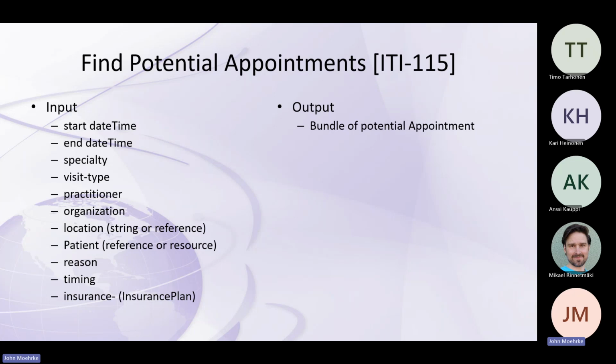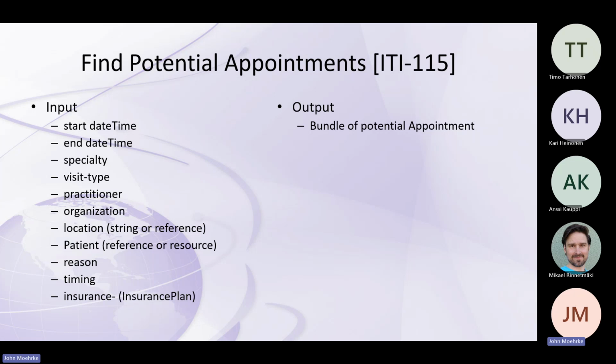It's an optional parameter, as I think almost all of this stuff is, but it allows for cases where you really want to request an appointment with a very specific timing pattern. And then insurance, if appropriate, if known. It certainly never hurts to include insurance plan information if you know it.